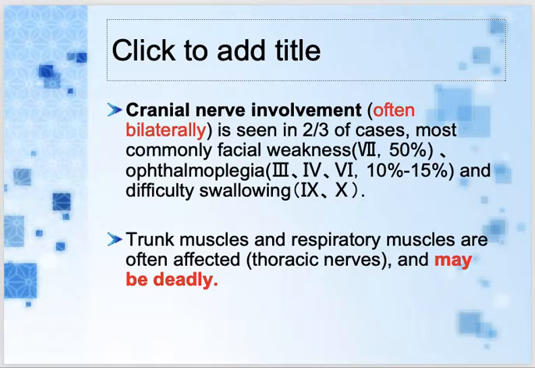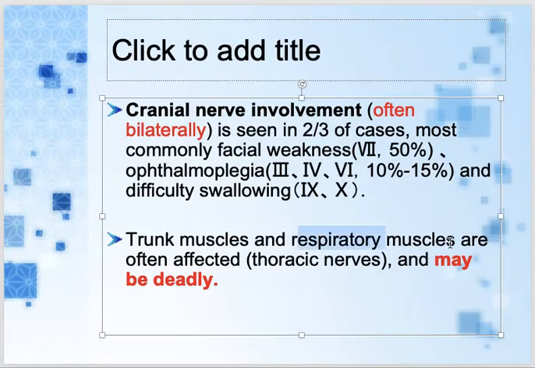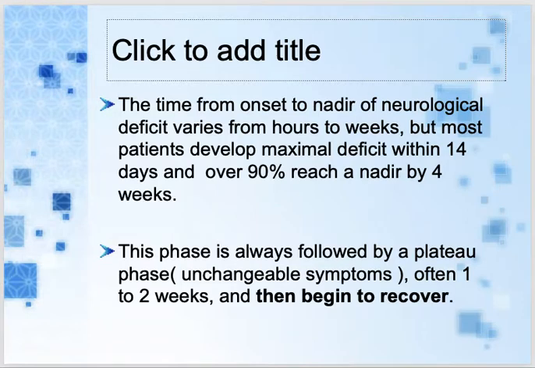Now the important thing, why we are afraid of this, is because this one can affect the respiratory muscles. So when it keeps on ascending and affects the respiratory muscles, what will happen is that the patient can go into respiratory paralysis, right?